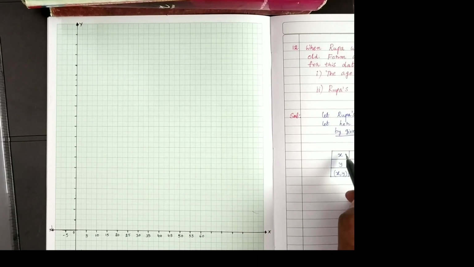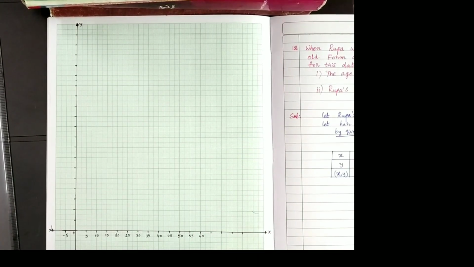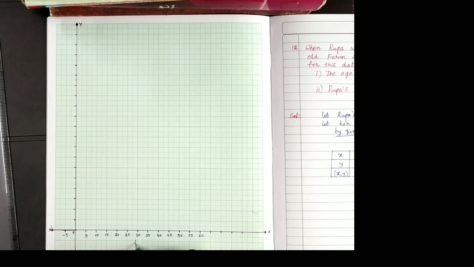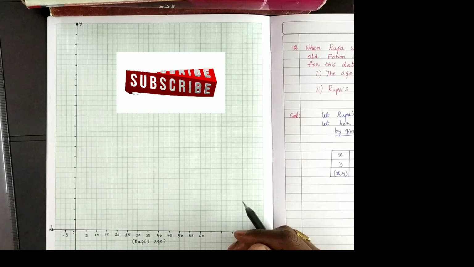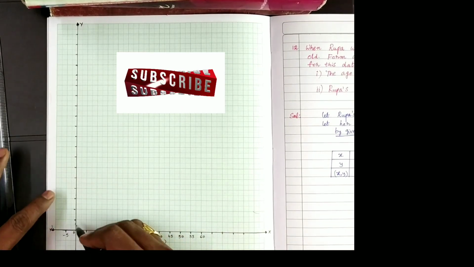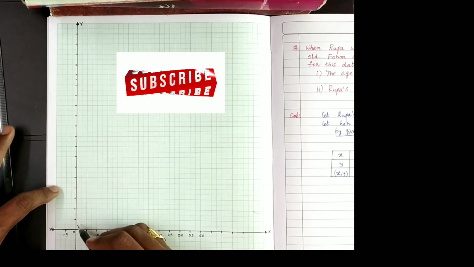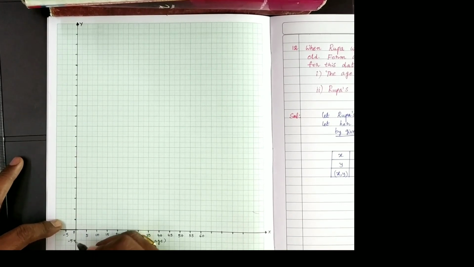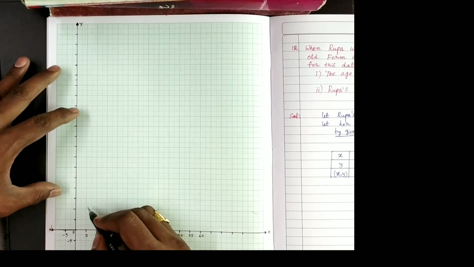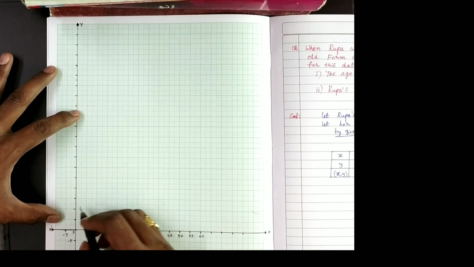On the x-axis, x represents Rupa's age. Write down like this: Rupa's age. And on the y-axis also take 5 units. Every centimeter has 5 units.